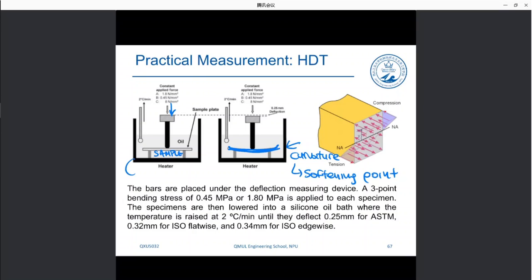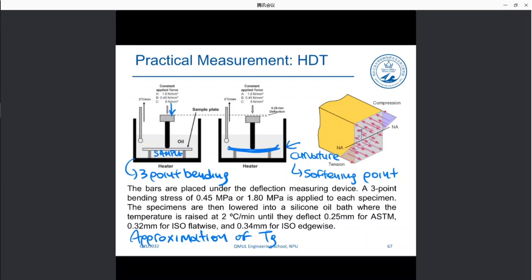So we have a 3-point bending. We keep the force constant, and with increasing temperature, this material will start to form a curvature. Because it forms a curvature, this is the softening point, and it is an approximation of the glass transition temperature. It is very straightforward.